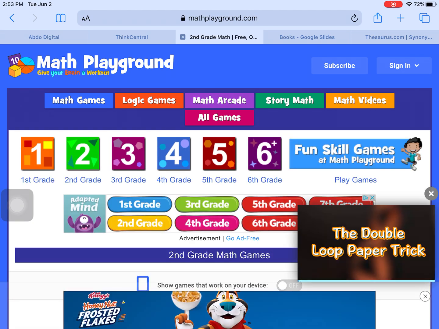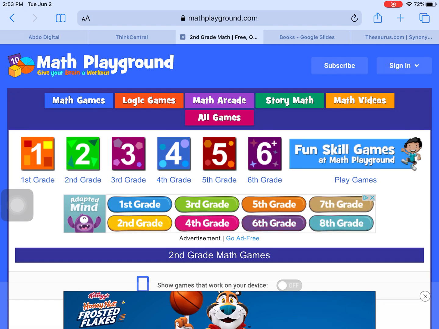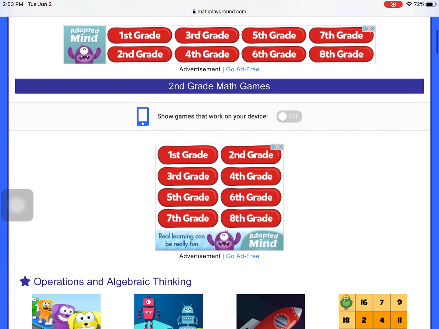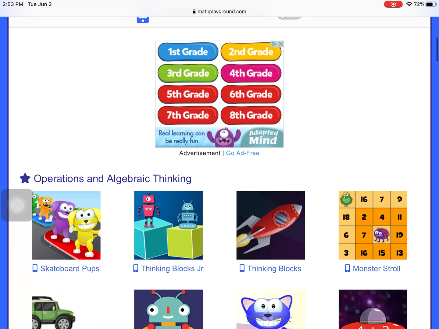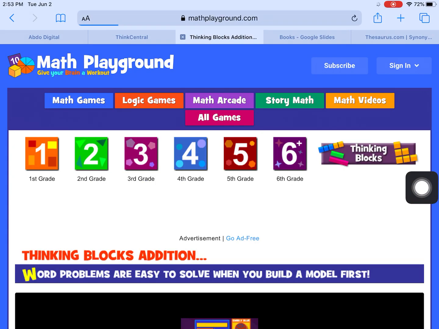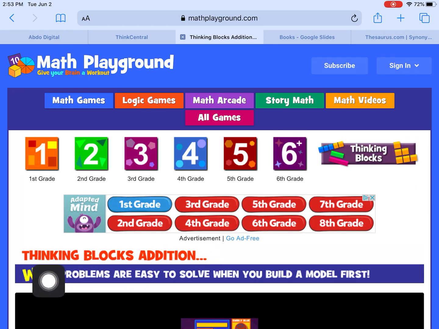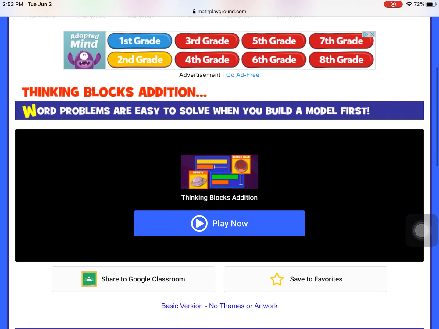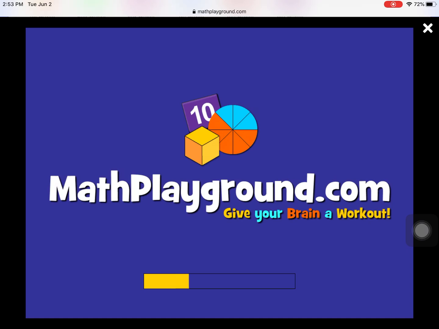And when I get into the second grade tab, I'm going to scroll down to the second grade games, and I'm going to go into Thinking Blocks today. So once I'm into Thinking Blocks Edition, I'm going to continue to scroll down, and we are going to be playing Thinking Blocks Edition.